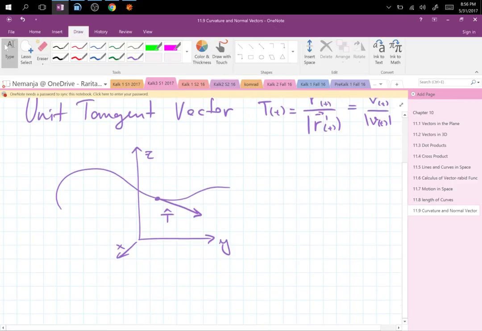But now I want to measure the curvature, and the way we do it is we use parametrization by the arc length, which is not too friendly for computation purposes.